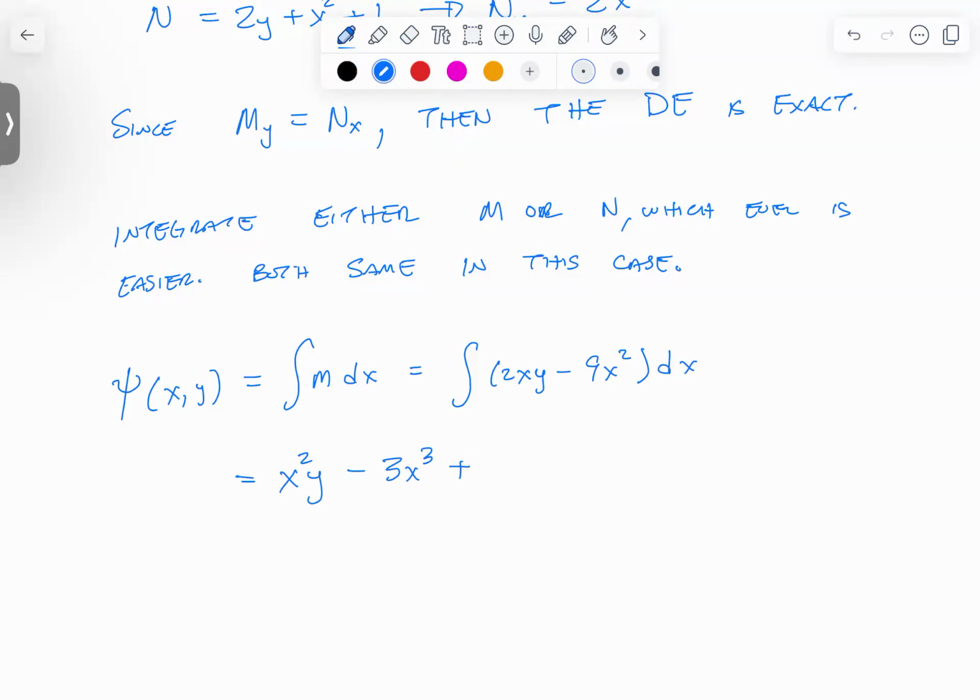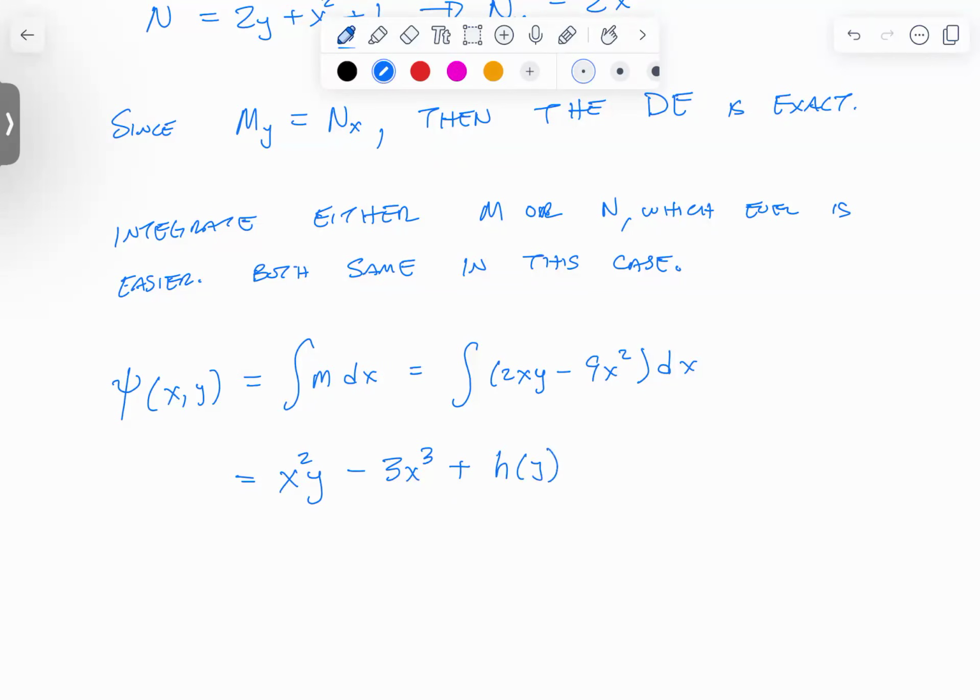Now here's the big part. So I picked M. Integrate with respect to x: x squared y minus 3x cubed plus what? Plus C. Not x though, but C1, or what would you denote it? Just a C, well, a function. I called it h of x.